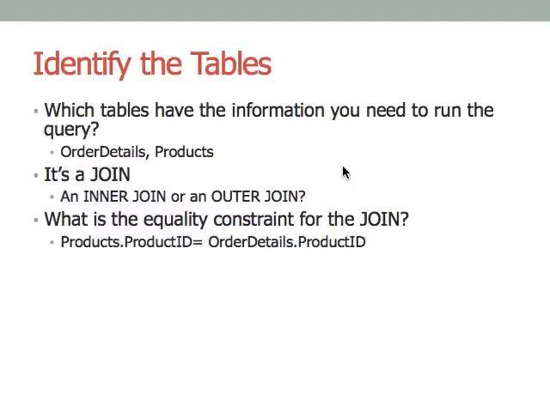So remember, the join as a process will create a new set which contains all the attributes from these two tables.